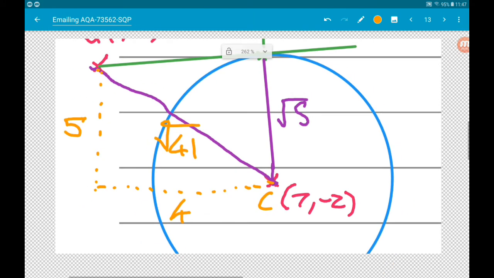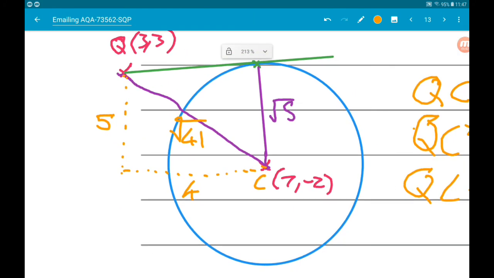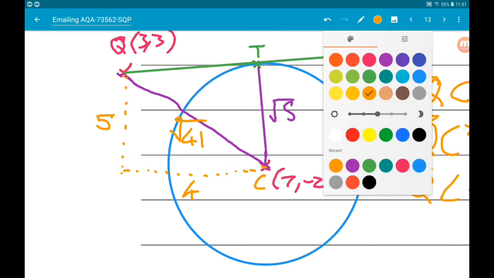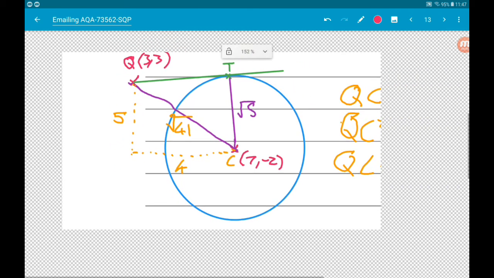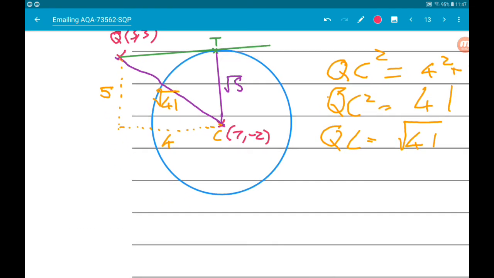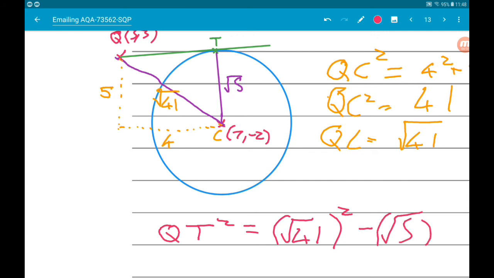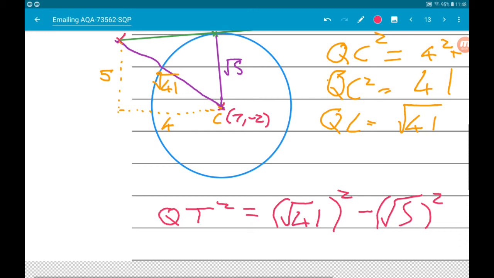So now again, we are in another right angle triangle in which QT is our final missing length. So now we're using Pythagoras, we can say QT squared is going to be root 41 squared minus root 5 squared.